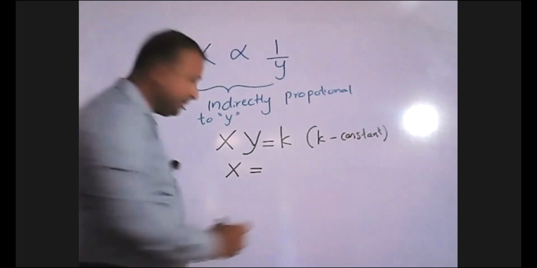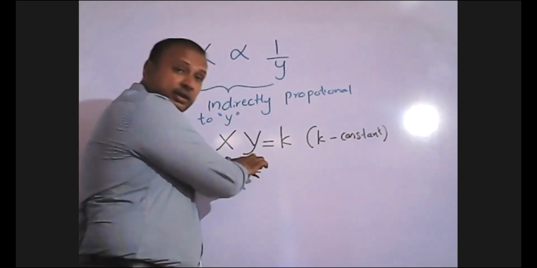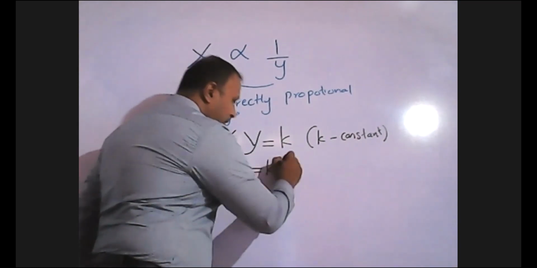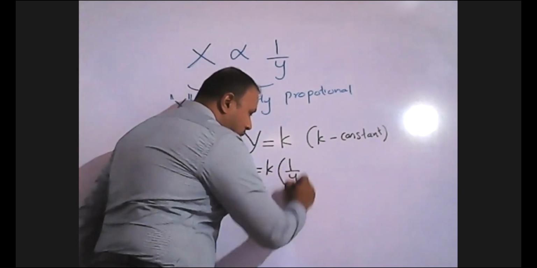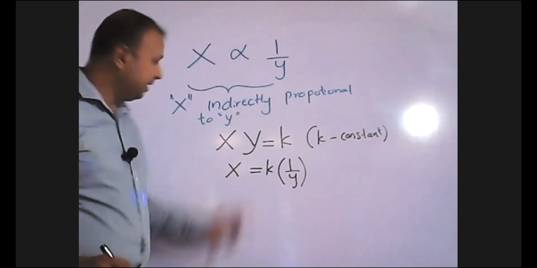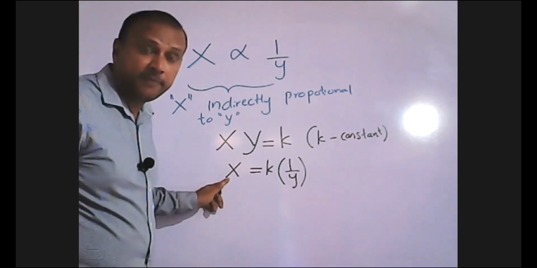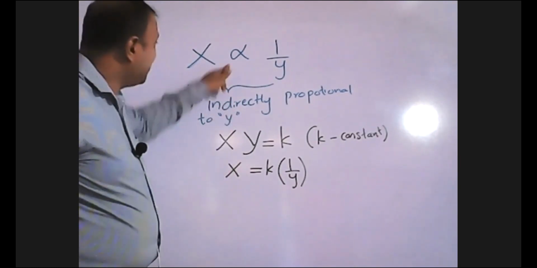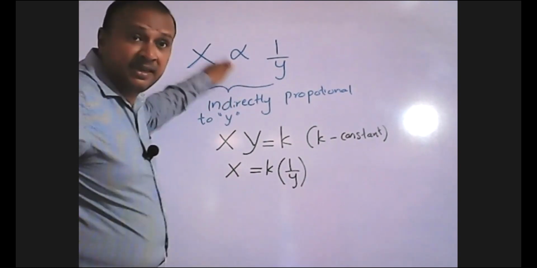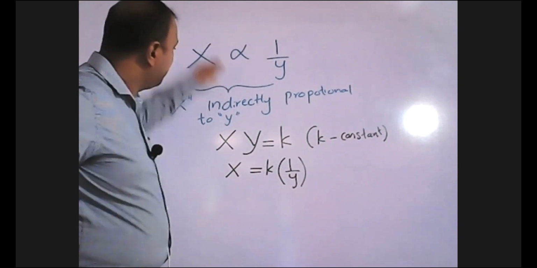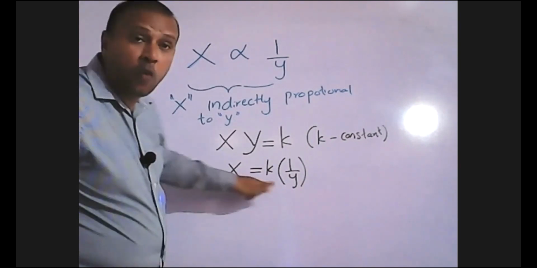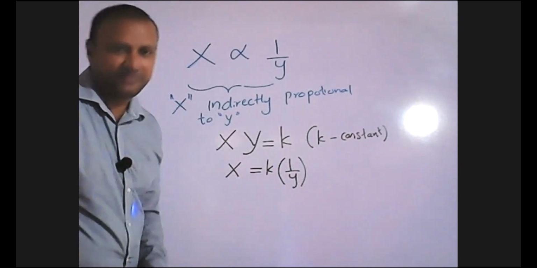If I make x the subject, I have to bring this y to this side. So I can write this as k into 1 over y. Actually, I have replaced the proportional mark by an equal sign and a constant.